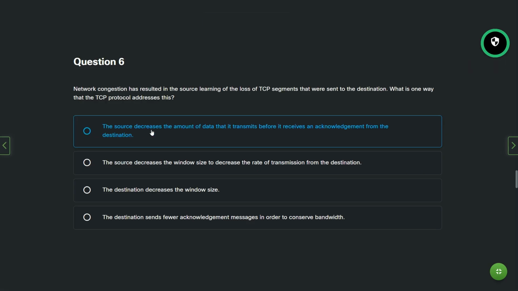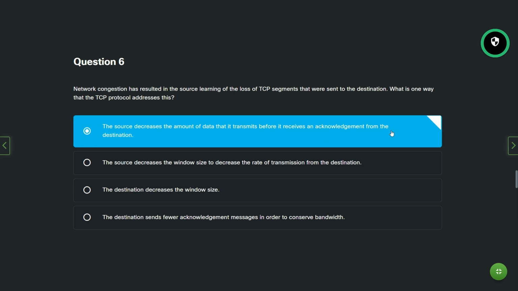The source decreases the amount of data that is transmitted before it receives an acknowledgement from the destination. The source decreases the window size. The destination decreases the window size. Okay, the source decreases the amount of data that it can transmit before it receives an acknowledgement from the destination.